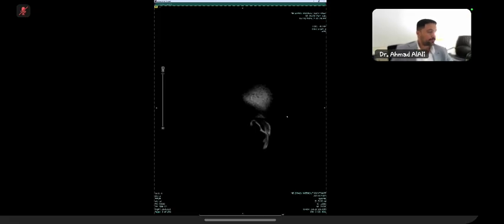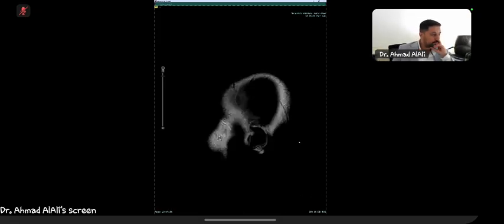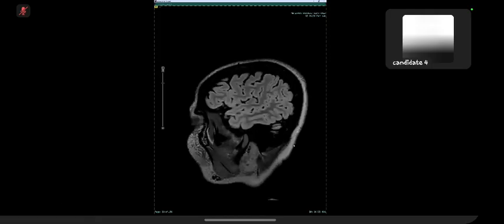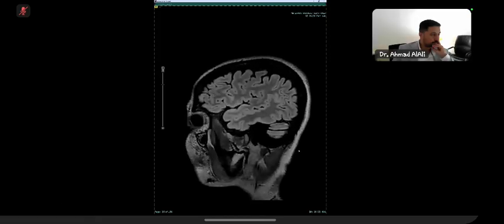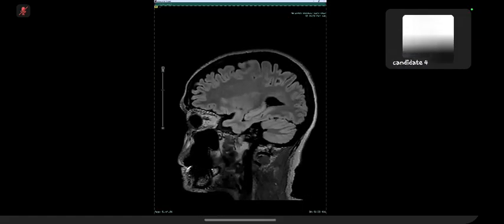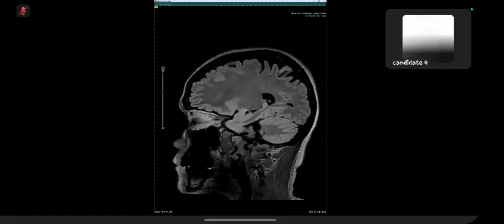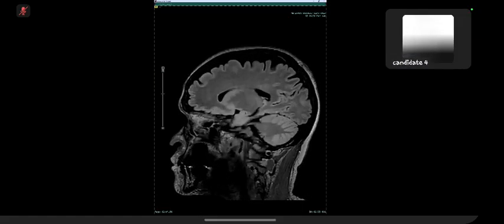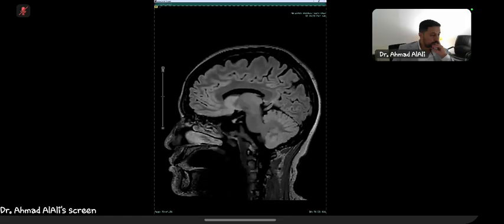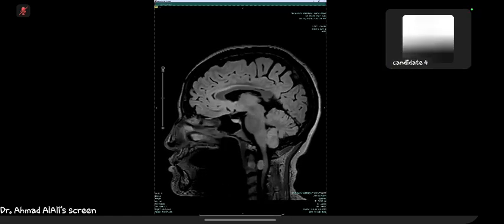Okay, so I'm scrolling through the sagittal FLAIR sequence, and on inspection, I do not see any obvious lesion in the brain stem.